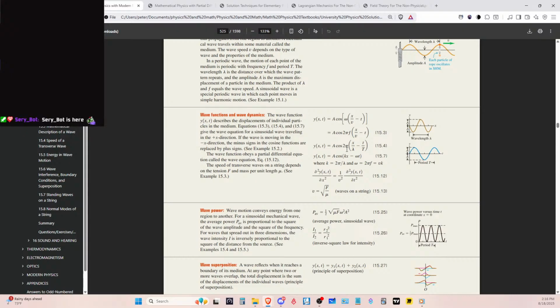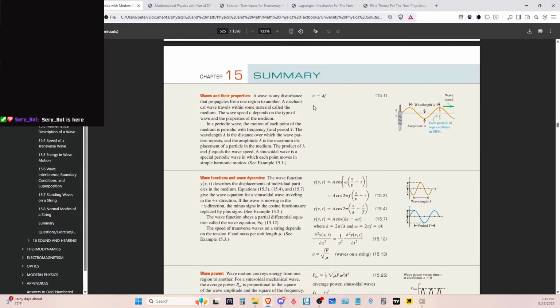Frequency over the speed is lambda based on the previous equation right here, because if it's reversed, then basically lambda's on the bottom.